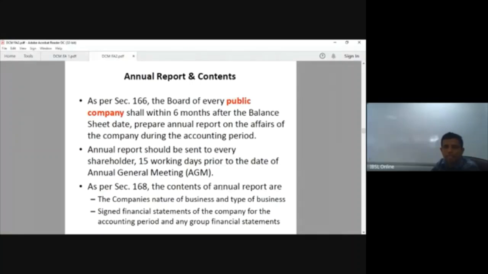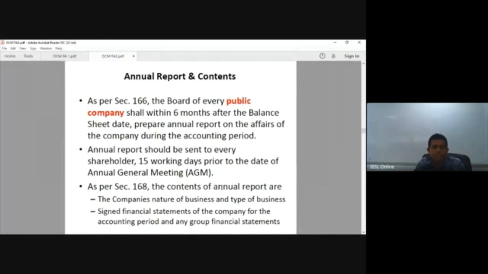If you have registered as a public company under section 166, the board of every public company shall within 6 months after the balance sheet date prepare an annual report on the affairs of the company during the accounting period, right? If it is a public company, not only the audited financial statements, you have to prepare a document, a book called the annual report. It should cover these things.